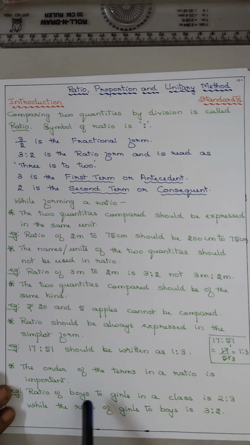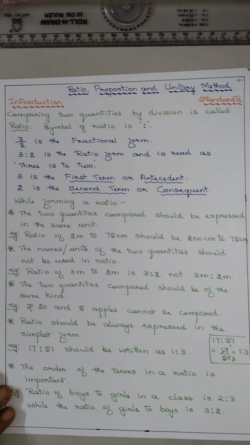So boys to girls बोलेंगे तो first boys कितने हैं? It is 2. Girls 3. You can't write the reverse. So then it becomes girls to boys. If you write 3:2, it is girls to boys.